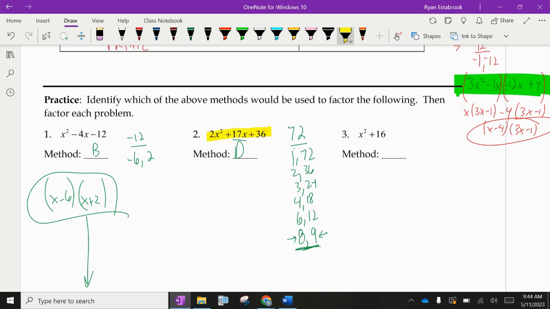Now, can you split that middle term using the 8 and the 9? I'll go ahead and pause here for a moment.